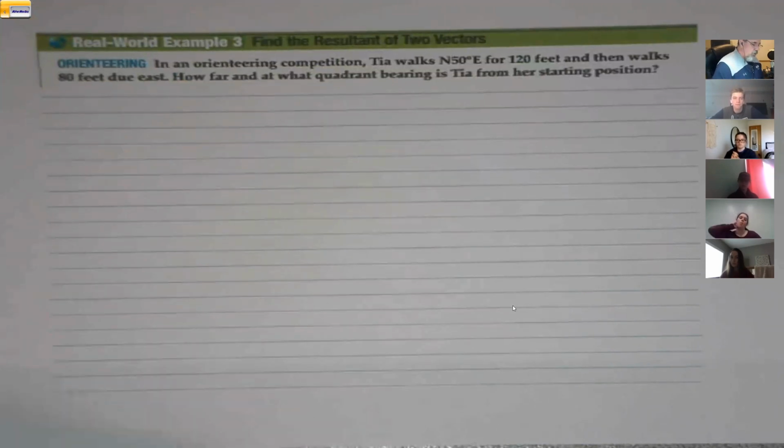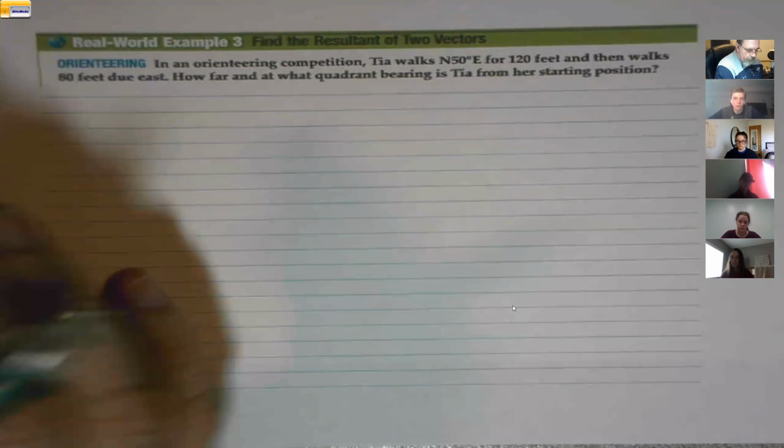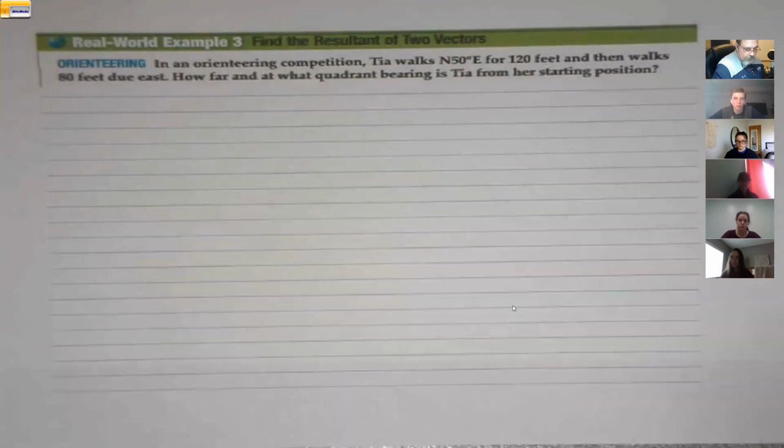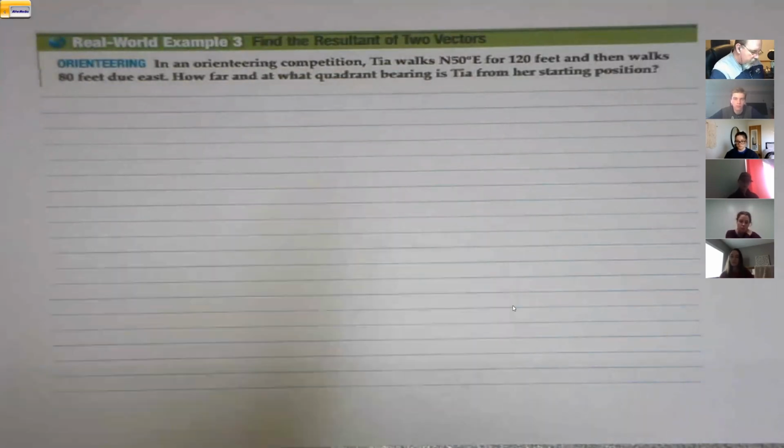If you don't, do the best you can, look up the answer, and really, we don't get out the protractor and ruler for the tests anyway. We do this much more algebraically, and we'll do that starting next Monday. But just do the best you can, look up the answer, and see how close you are.